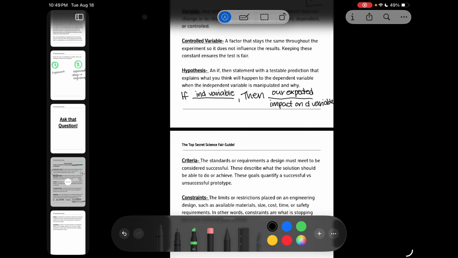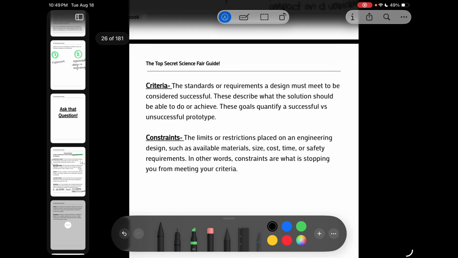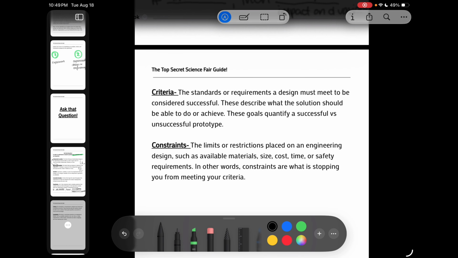All right. Now we're going to move on to our next two big key terms. So the hypothesis is not in the experimental design steps, but in the experiment testing branch of doing a science fair project.